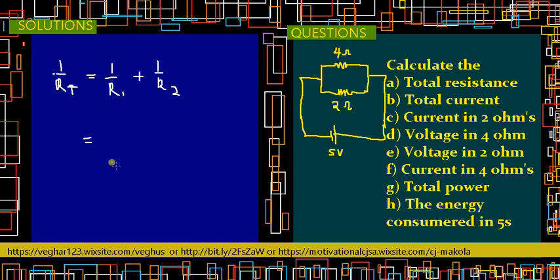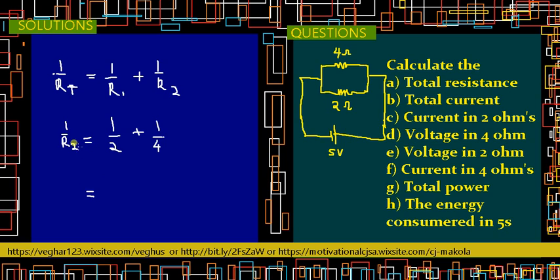Where there is R1 you put 2 ohms, and where there's R2 you put 4. Then you have something like this, and then cross multiply the bottom part.